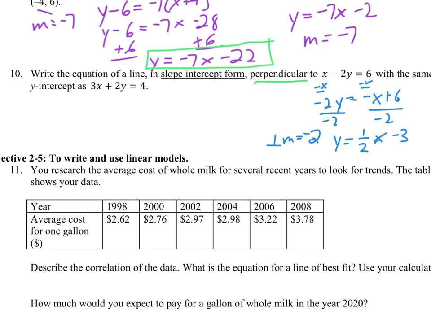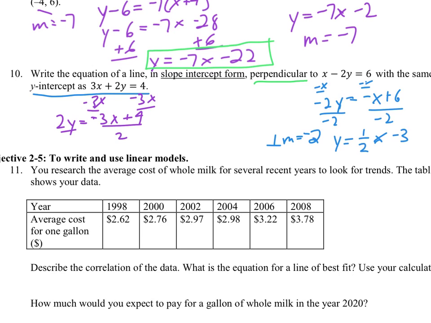Now they also tell us it's going to have the same y-intercept as 3x plus 2y equals 4. This is a little bit of a twist, but really if we can determine this y-intercept, then we can write the equation. There are a couple ways to do this. Probably the simplest one to remember is just put this into slope-intercept form. We get 2y equals negative 3x plus 4.